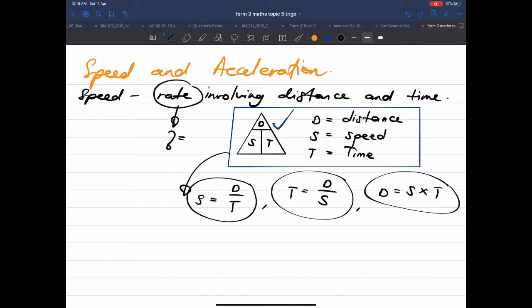This is the main formula you need to know to do questions involving speed and acceleration. Okay, so now I'll go through.